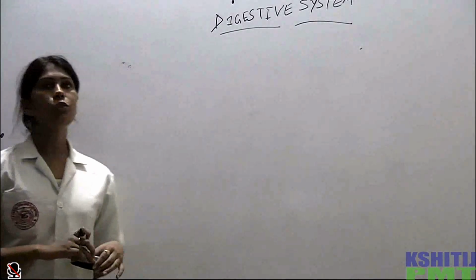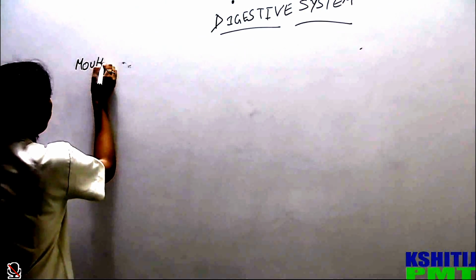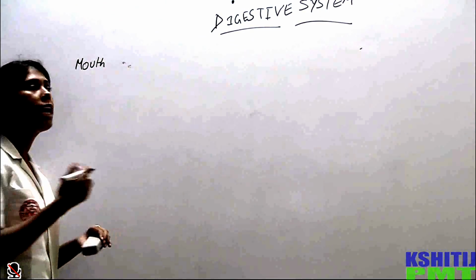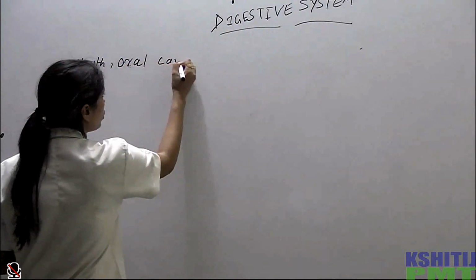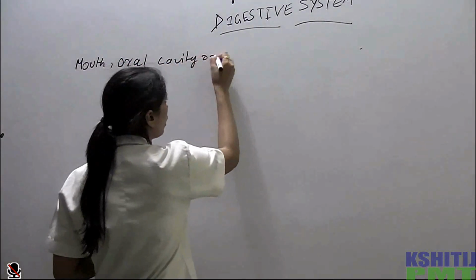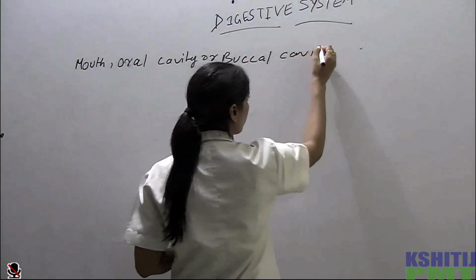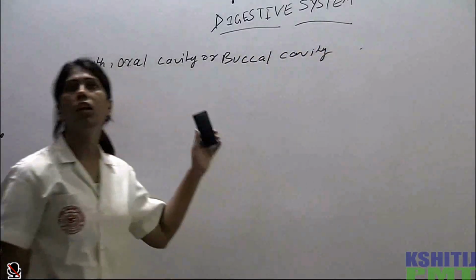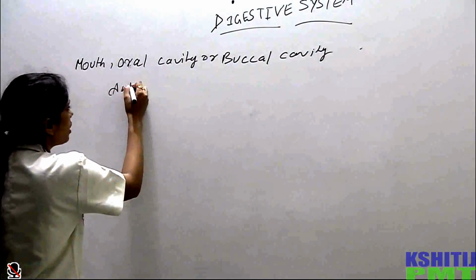So first of all we come to mouth part, okay. As I told you, mouth is also called oral cavity or buccal cavity, okay. So first of all in mouth, anteriorly what is present?